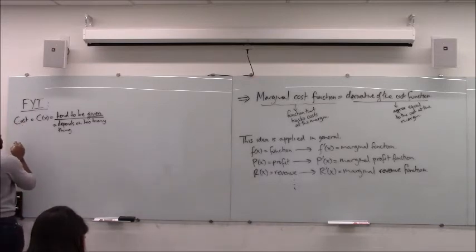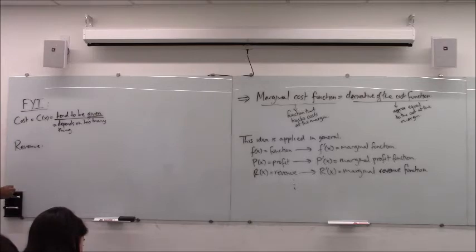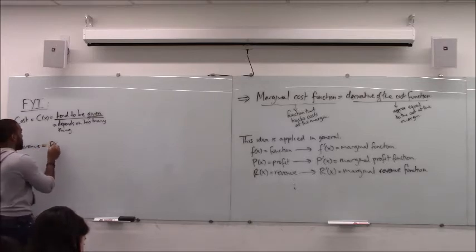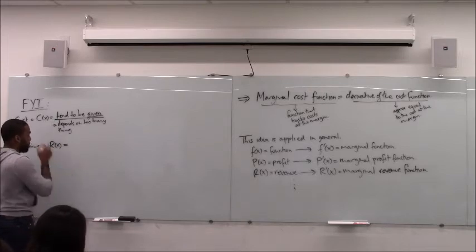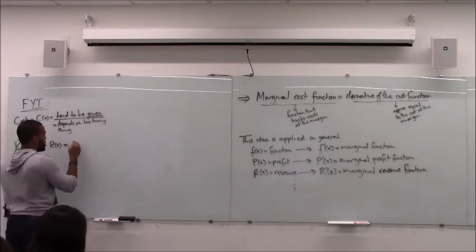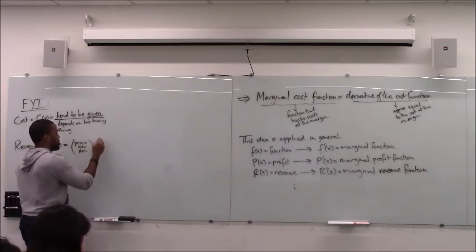When it comes to revenue, revenue is the R of X function. A common way to talk about this is the price per item times number of items sold.